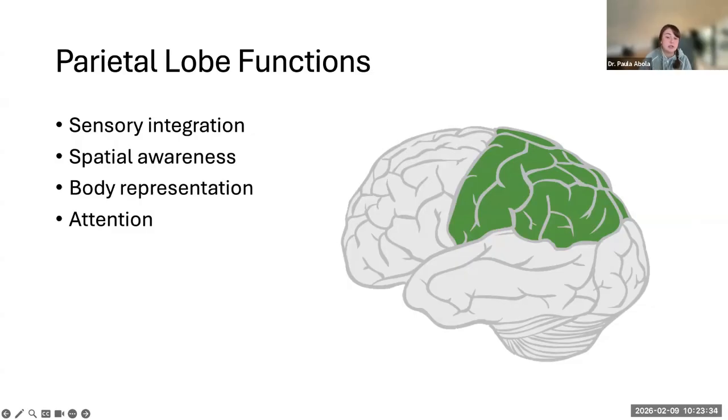This integration allows us to interact effectively with our environment, for example, by reaching for objects, navigating through space, or orienting our attention toward relevant stimuli. When the parietal lobes are functioning normally, these processes occur seamlessly and largely outside of conscious awareness.